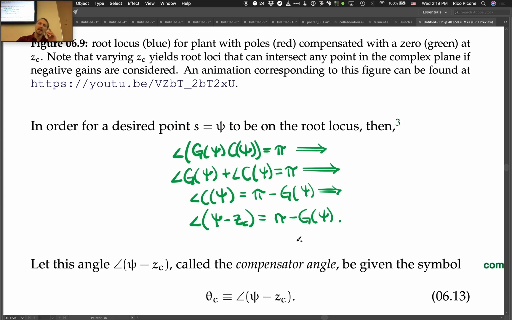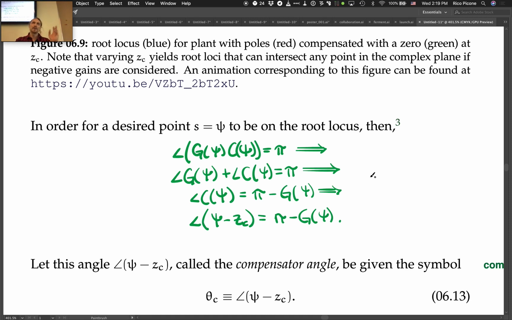So let's think about this geometrically for just a moment. We have some point psi, some test point that we want our closed loop poles to be at, given some transient response and probably stability design requirements, right? We want it to be stable, so we want the psi to be somewhere in the left half plane.